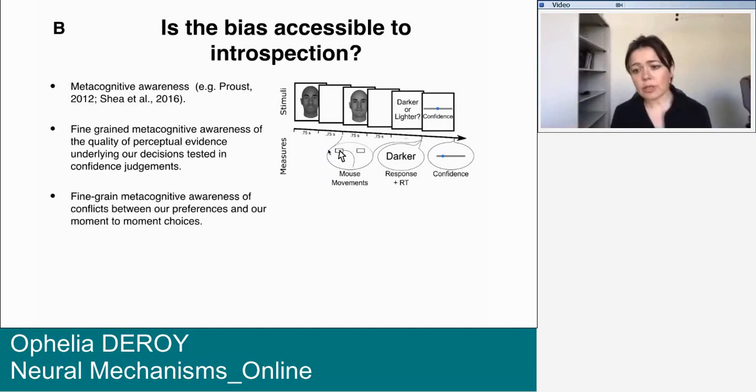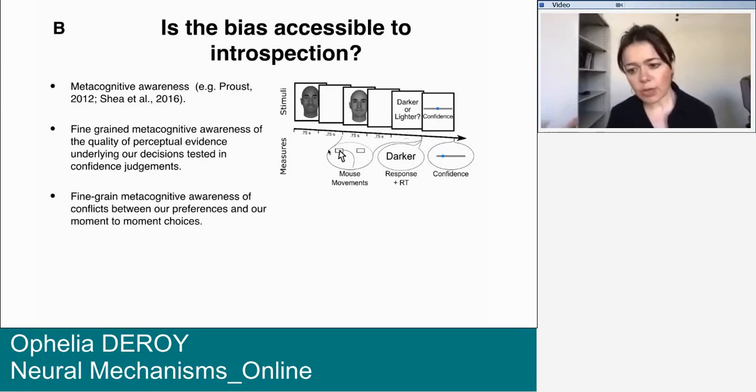There is also, more interestingly and maybe more relevant here, evidence that we can also monitor in the same way when our behavior conflicts with our more generic dispositions or attitudes. So if you ask about your general preferences for types of snacks, let's say you prefer apples to crisps, but then you're presented with an apple and a crisp and you choose the crisp, and you're asked how sure you were that it was the right decision, then people actually report lower confidence that they made the right choice.